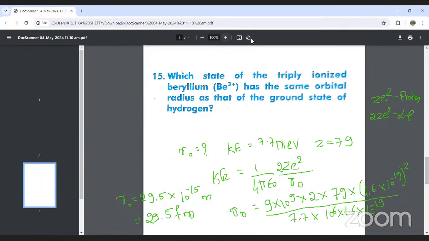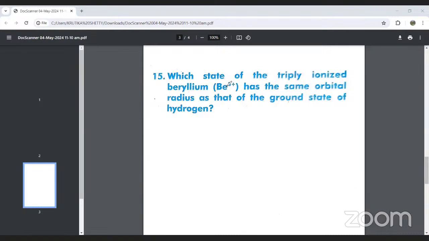Yes, here you can see the next question. Which state of the triply ionized beryllium has the same orbital radius as that of the ground state of hydrogen? So beryllium 3 plus they have given. It is in the excited state.